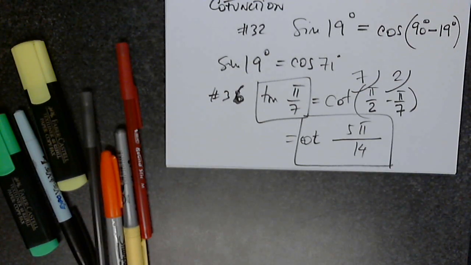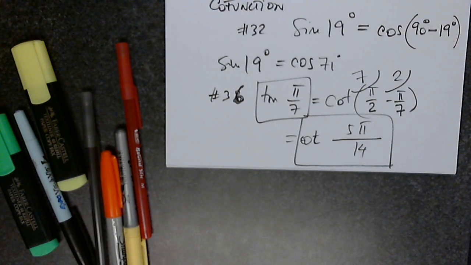So then now, tangent of pi divided by 7. I do not have a key for cotangent, but I know cotangent is 1 over tangent.